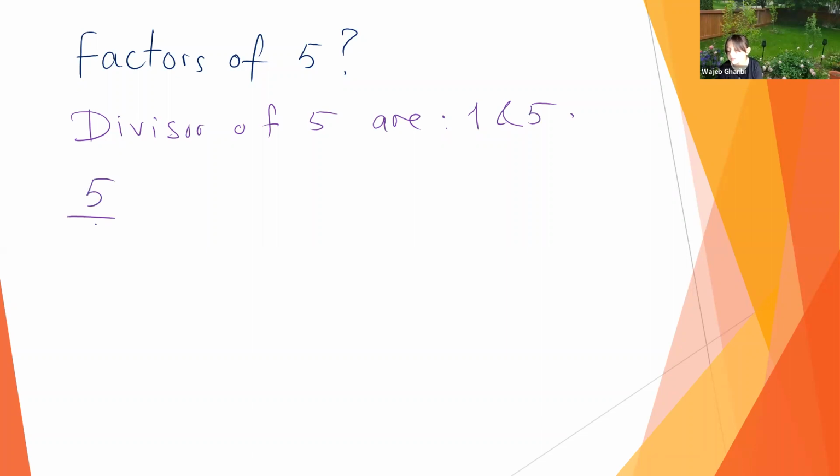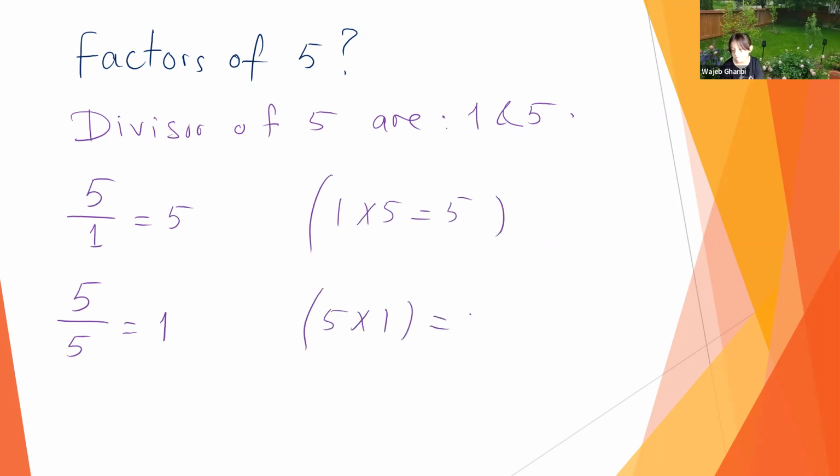Because 5 divided by 1 equals 5, and 5 divided by 5 equals 1, or 1 multiplied by 5 equals 5, or 5 times 1 equals 5. So 5 is divisible by 1, and 5 is divisible by 5 as well. Or 1 is a divisor of 5, and 5 is a divisor of 5.